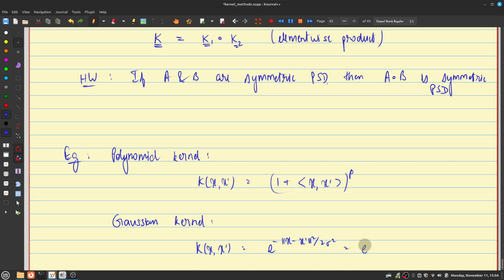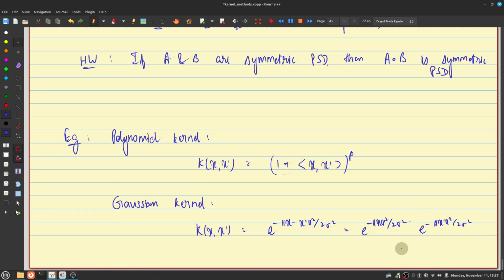I can write this as e to the power minus norm x squared by 2 sigma squared, times e to the power minus norm x prime squared by 2 sigma squared, times e to the power of inner product between x and x prime by sigma squared.